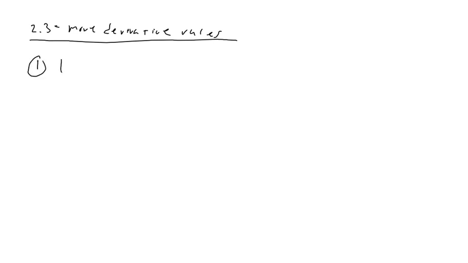More derivative rules. Two more rules we're going to talk about here to give you a chance to practice. We're going to do a multiplication rule and a division rule, right? We did an addition subtraction rule, right? Addition subtraction works fine. But the first rule we're going to talk about is called the product rule.